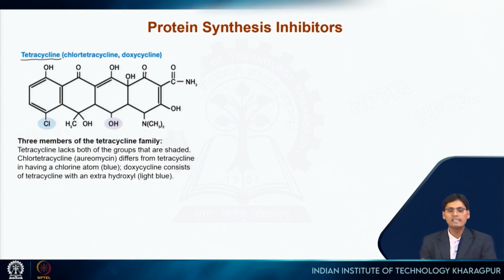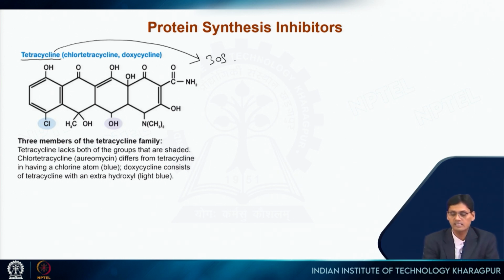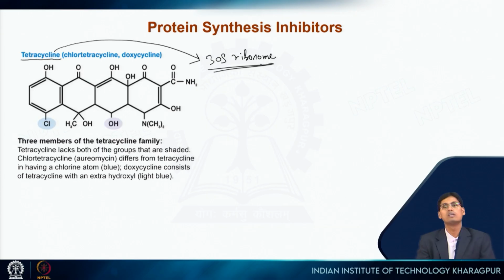Tetracycline works against the bacterial ribosome, particularly the 30S ribosome. As you know, during protein synthesis the 30S and 50S bind together along with the mRNA, and then translation starts. But if it binds to the 30S ribosome and prevents protein synthesis, this antibiotic will specifically inhibit bacterial growth, because they cannot synthesize their own protein, right?